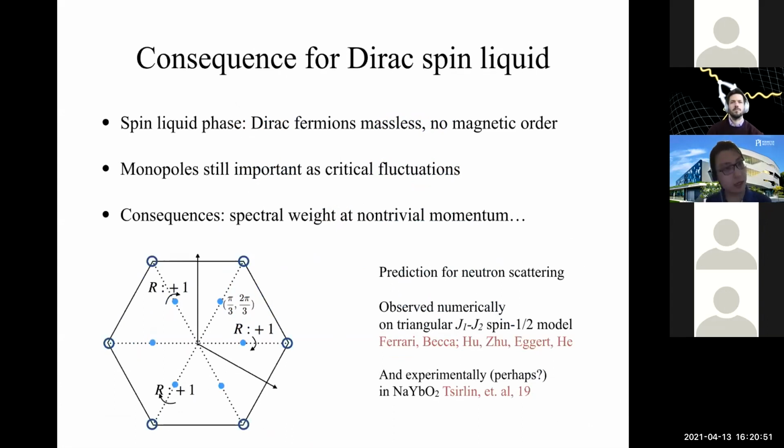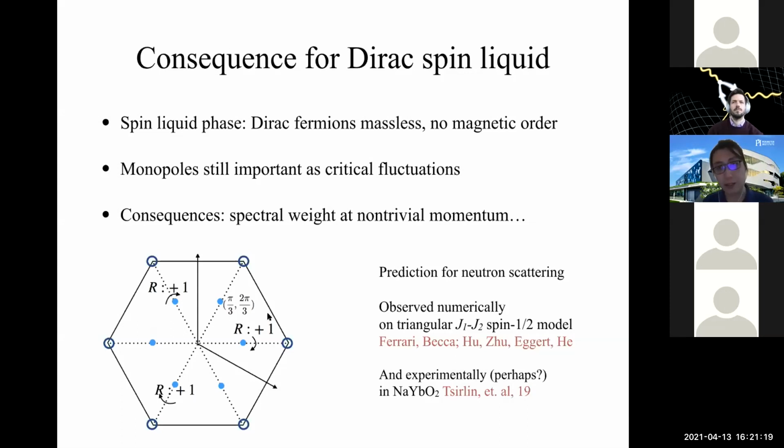Okay. Let me also say that the non-trivial symmetry quantum numbers on monopoles also have non-trivial consequences, even just for the Dirac spin liquid itself, even beside the fact that it's not stable, because they still exist as non-trivial critical operators or critical fluctuations in the theory. For example, if you do neutron scattering, measure the spin-spin correlation function, they do show up in your spectrum.